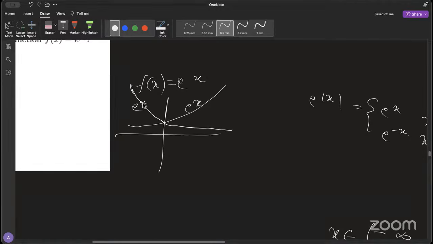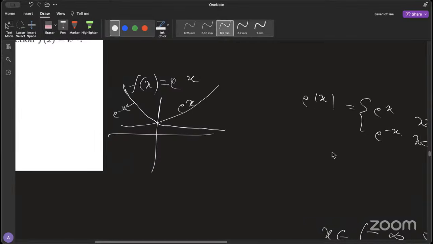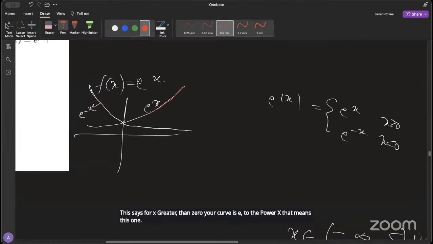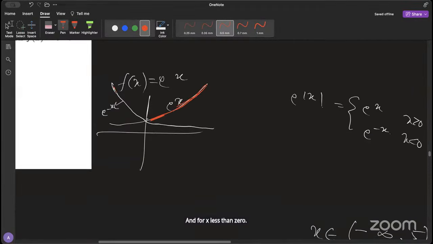This is e to the power minus x. So this says for x greater than 0, your curve is e to the power x. That means this one. And for x less than 0, your curve is this one.